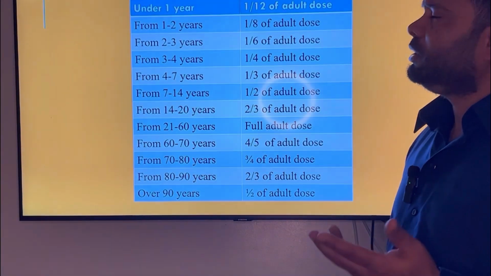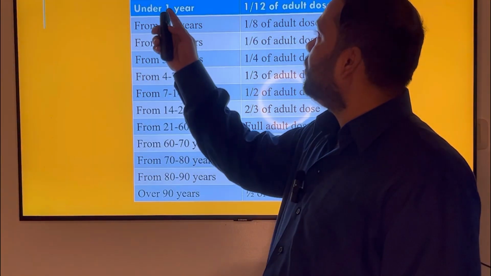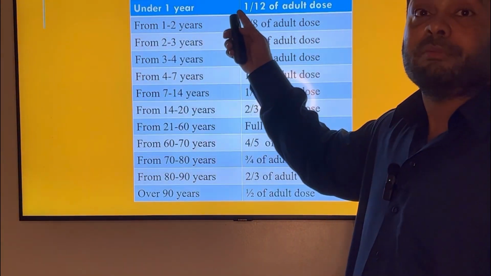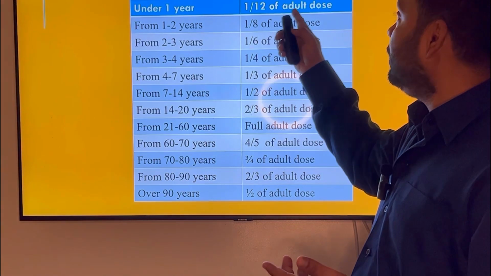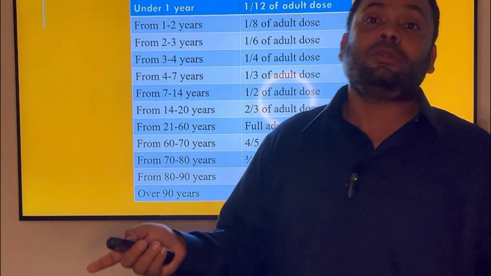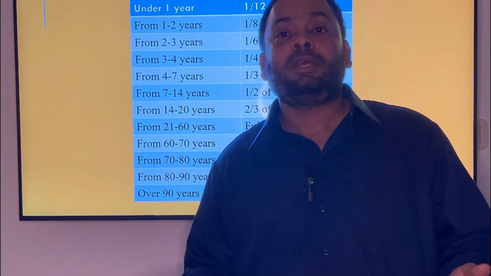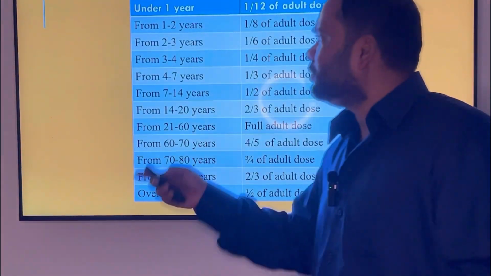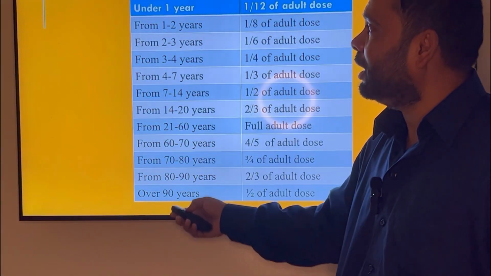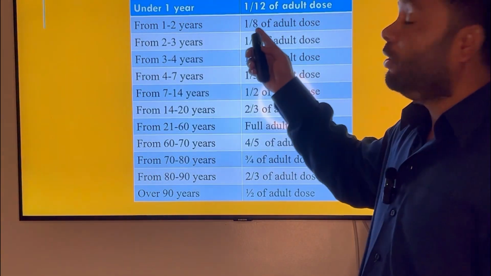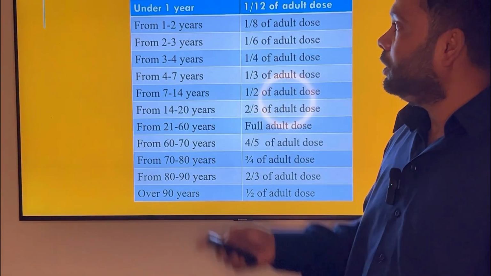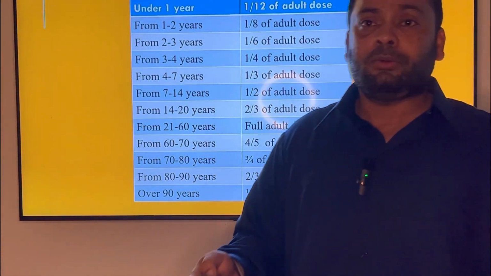Now, this is Gaubius' formula. For this formula they say that under 1 year, 1 upon 12 of the adult dose, meaning the adult dose divided by 12 gives the child dose. Similarly, they have given a chart: from 1 to 12 years, 1/8 of the adult dose.